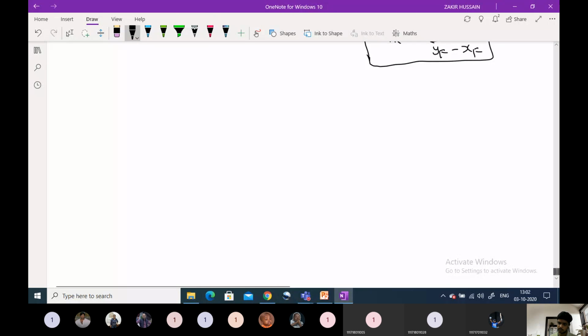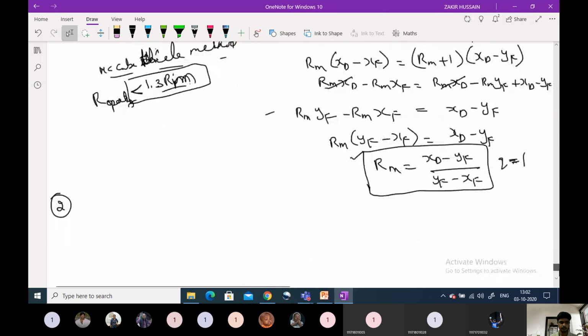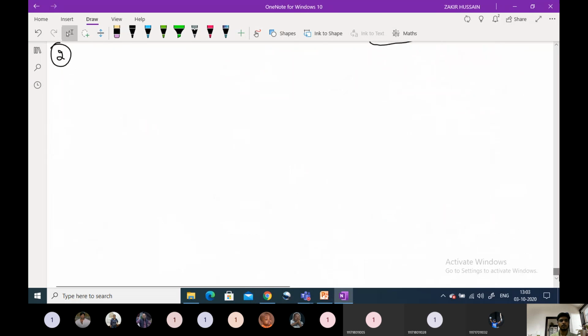Okay, minimum reflux ratio. The next condition is q equal to 0, where the feed is saturated vapor. Next, how to derive the minimum reflux ratio for saturated vapor.